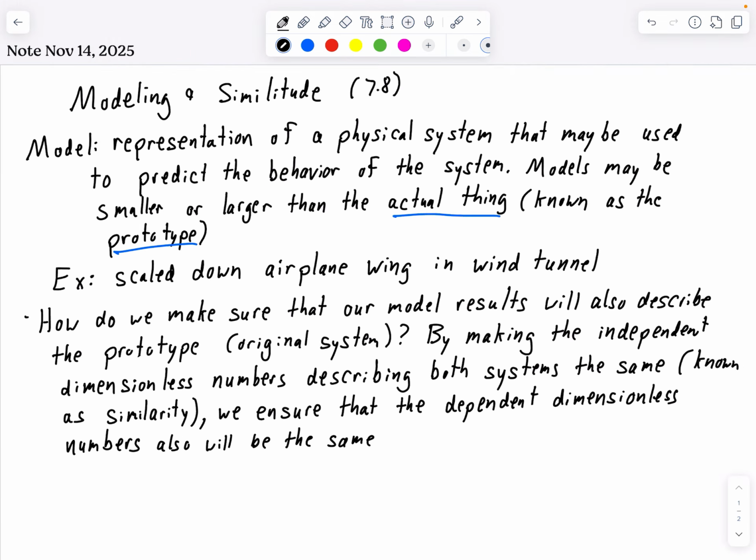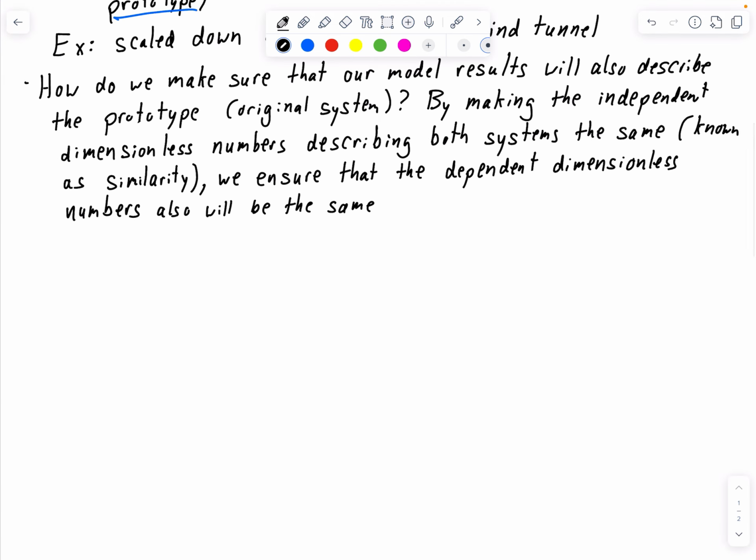Now in class, we did an example looking at the pressure drop in a pipe. So from our previous example, we were looking at the pressure drop per unit length.